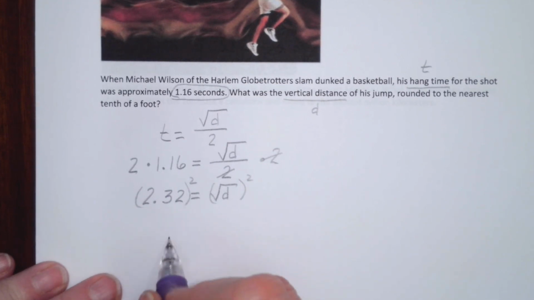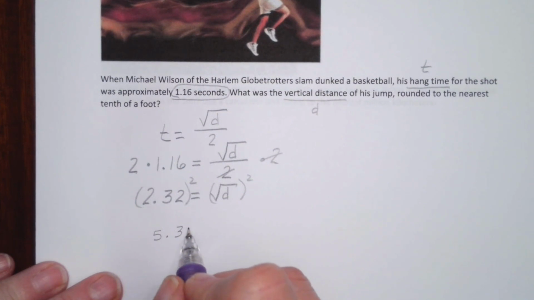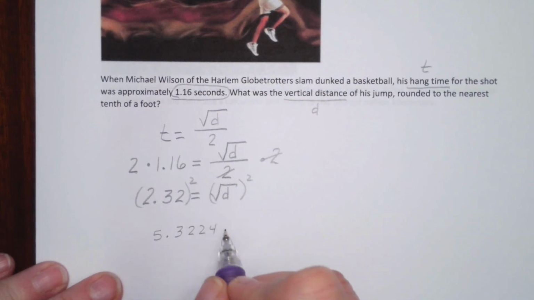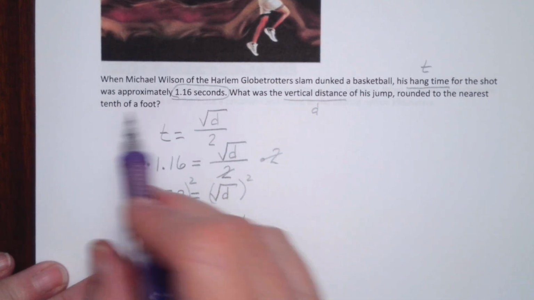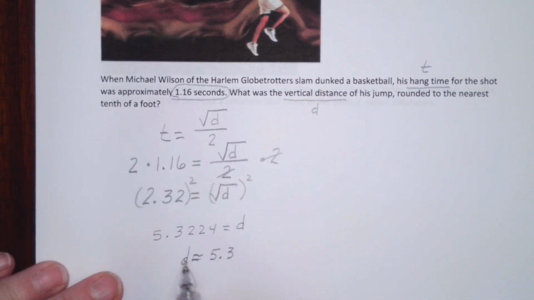And when I do that, I get 10.24 equals d. So we can say that his vertical distance is approximately 10.2. And it says round to the nearest tenth of a foot. So that's the tenth right there. Feet. Okay.